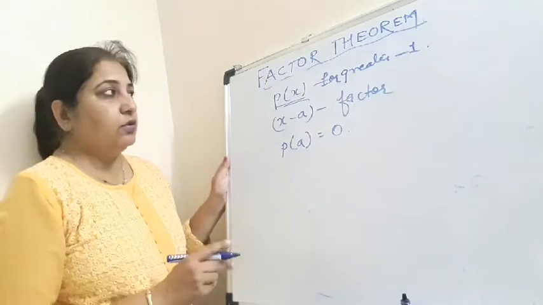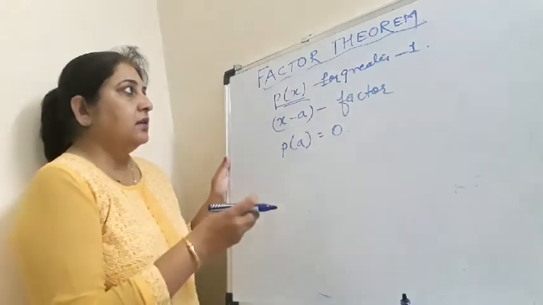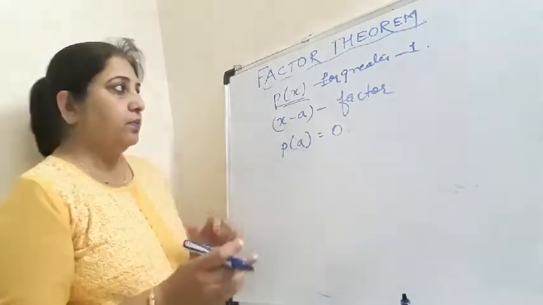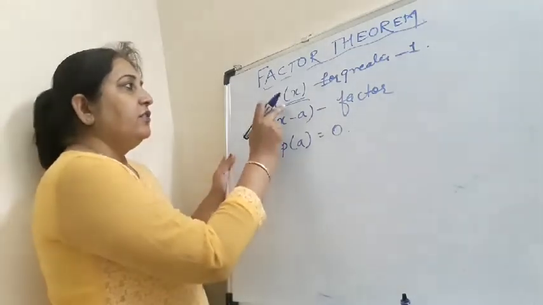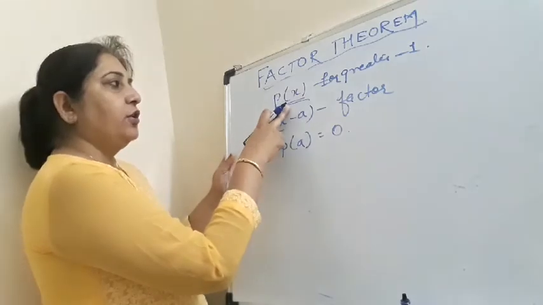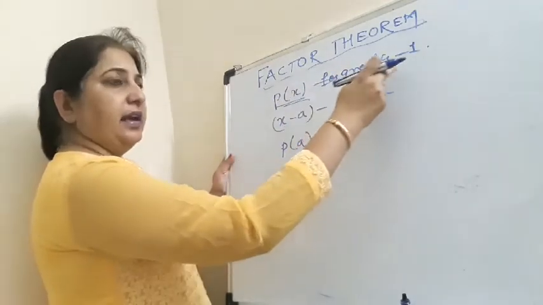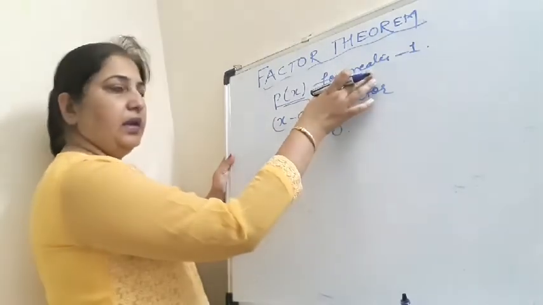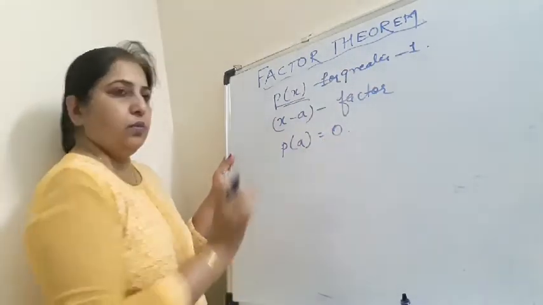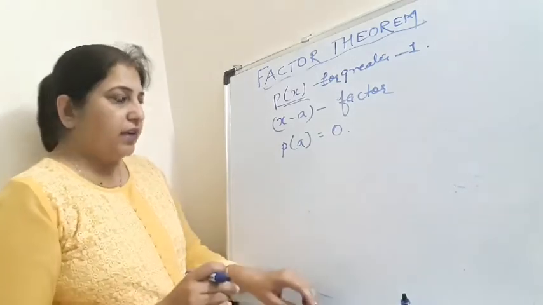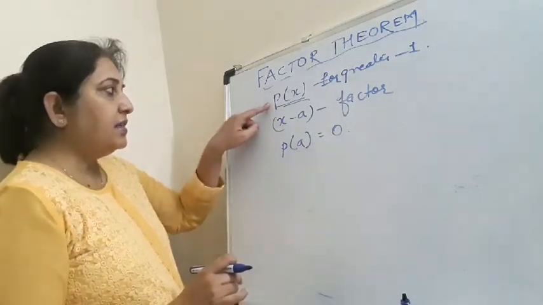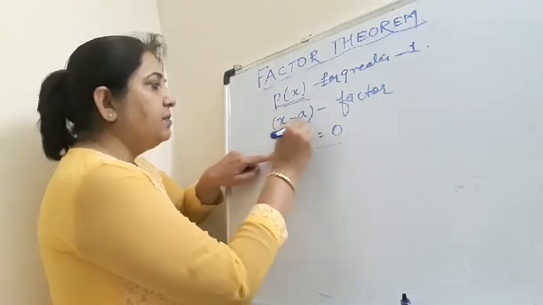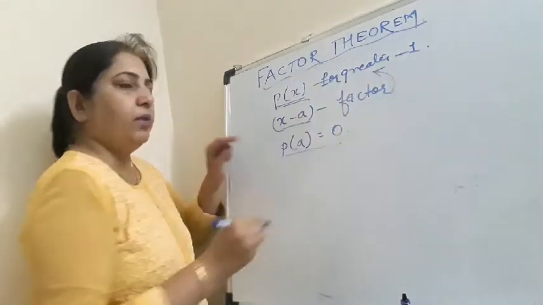Now you have to understand the difference between the factor theorem and the remainder theorem. So I repeat, in the factor theorem, if p(x) is a polynomial with degree 1 or greater than 1, and if x minus a is a factor of this given polynomial, then the remainder will be 0. Or we can say that if the remainder on dividing the given polynomial is 0, then x minus a is a factor of the given polynomial.